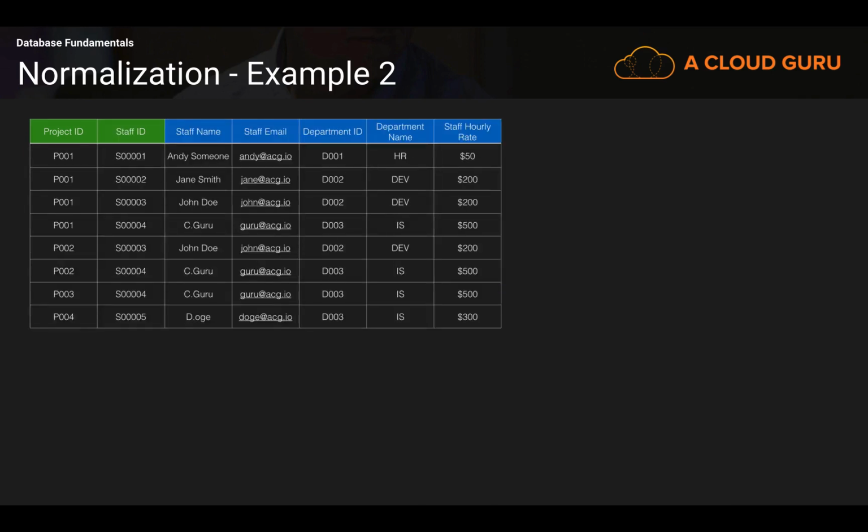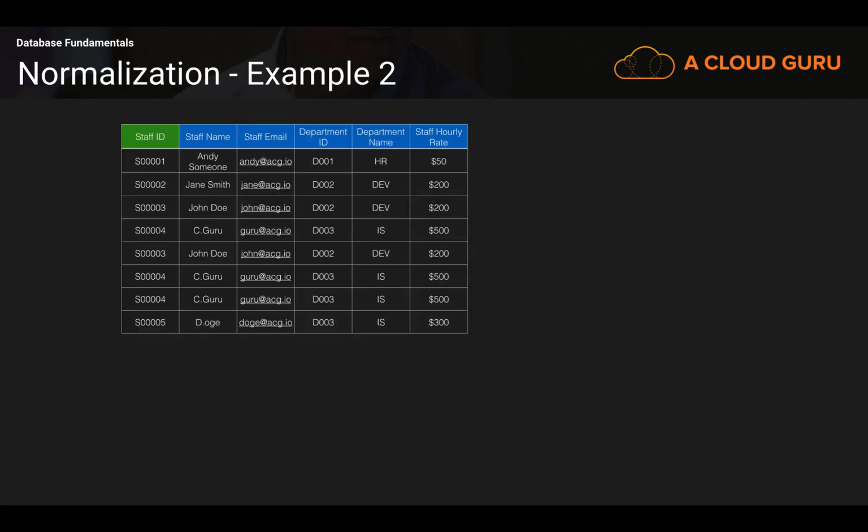Let's focus on the project allocation table. And by now, you should be able to quickly spot the highlighted attributes are only dependent on staff ID rather than project ID and staff ID. To achieve second normal form, we split those attributes into their own table. So let's go ahead and do that.